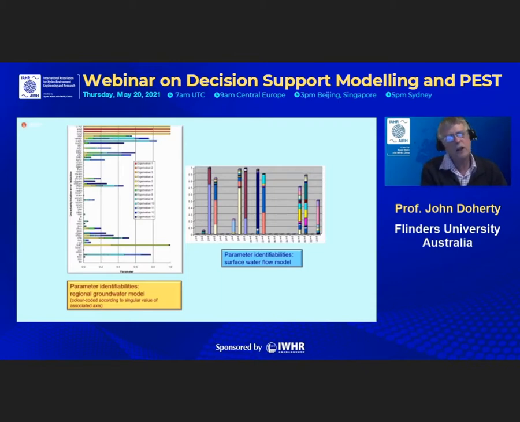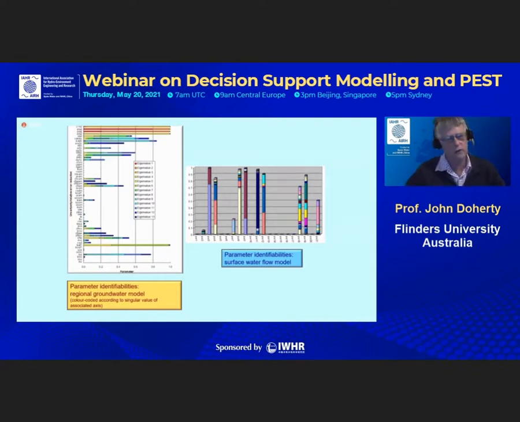If it's got an identifiability between 0 and 1, then the calibration data set says something about that parameter, but not enough to give it a unique value. That information that is there in the data as it pertains to that parameter is shared with other parameters in ways that cannot be broken.